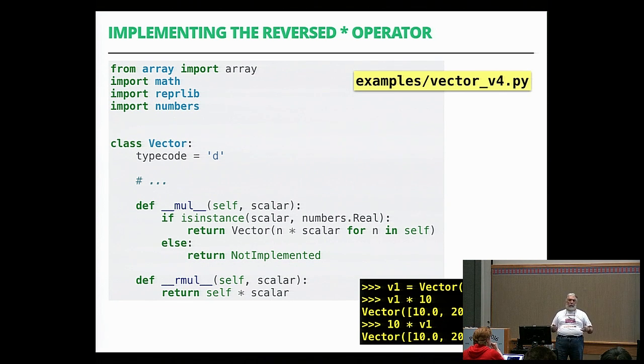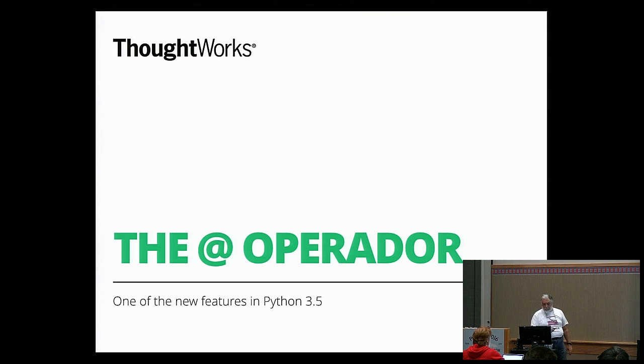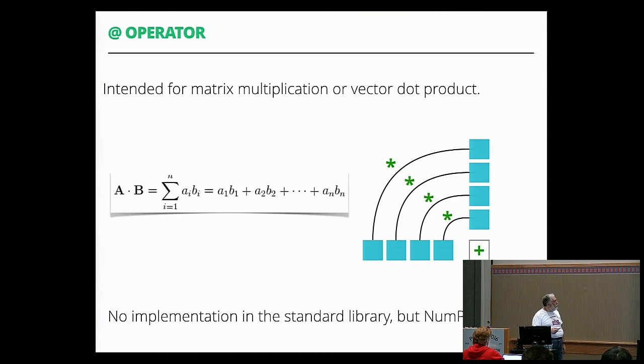And there was no operator available. Because of the importance of Python in this numeric space, for the first time in many, many years, Python gained a new operator, which is the at operator in Python 3.5. That's intended for matrix multiplication, or in the case of vectors like we are using, a dot product, which is a special subset case of matrix multiplication.